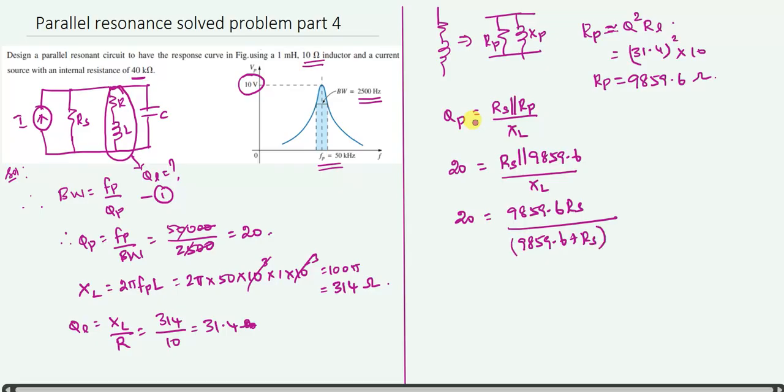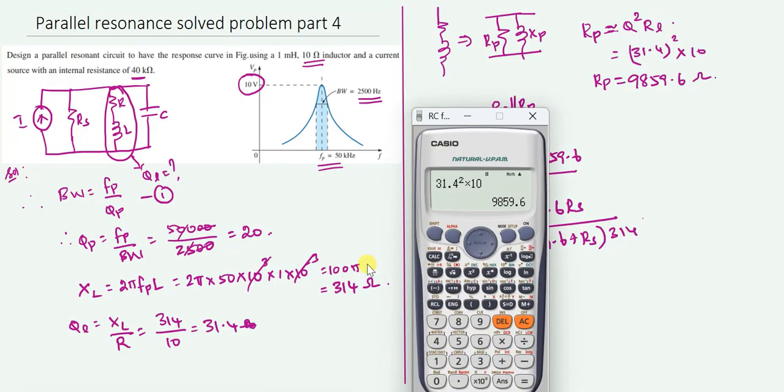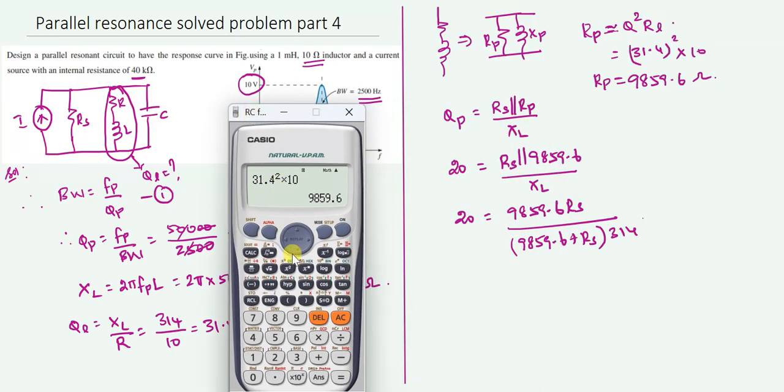The value of XL is equal to 314. Now I multiply all those things: I multiply this value into 314 and into 20.